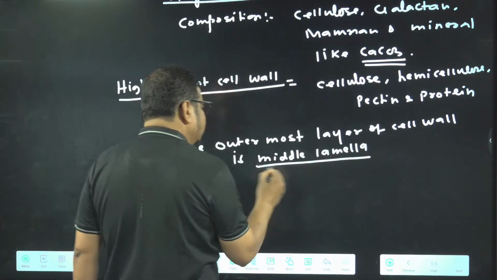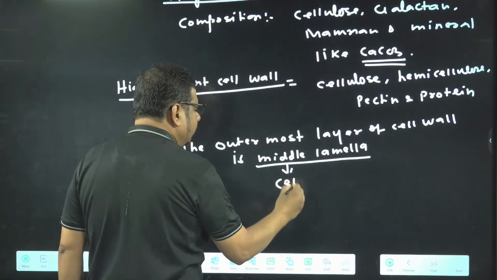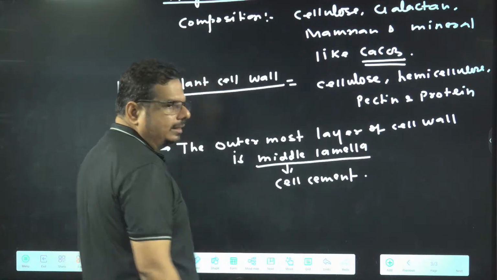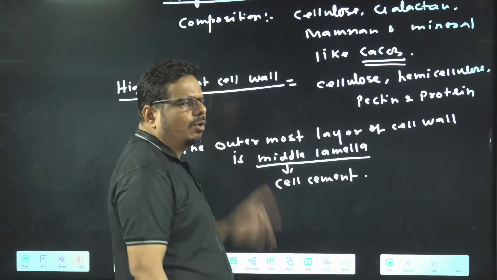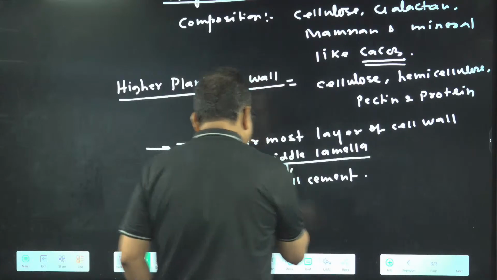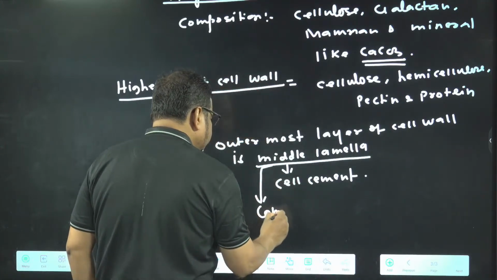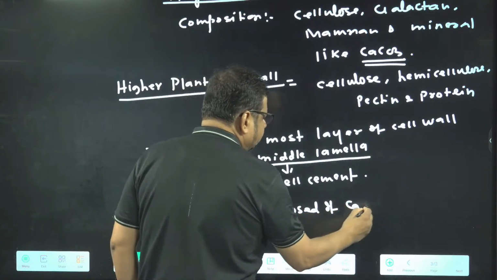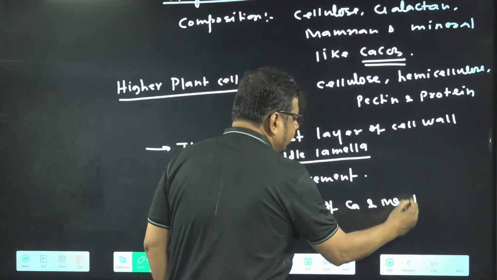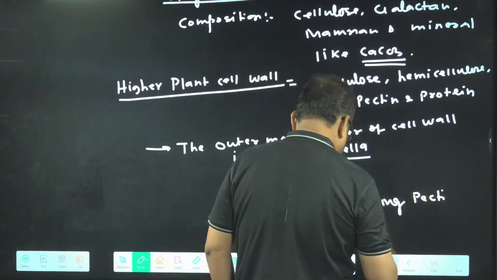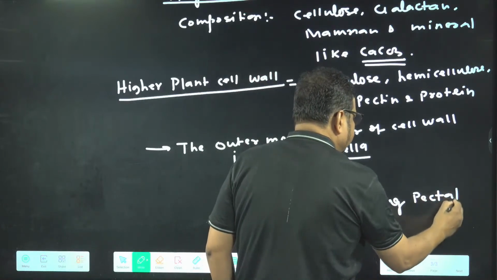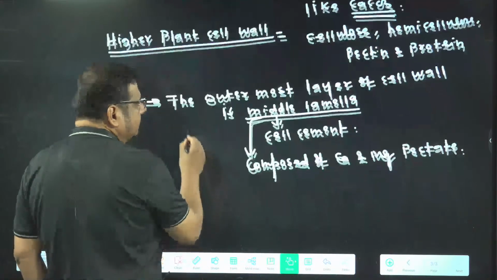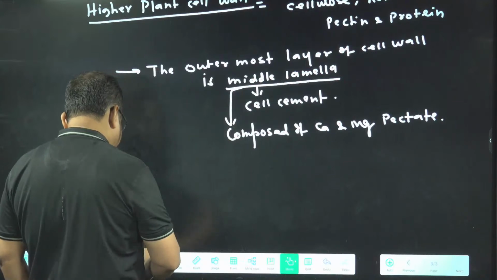Why is the middle lamella also called cell cement? It is a cementing material between two cells. Means for two cells there is a common middle lamella, and the middle lamella is composed of calcium and magnesium pectate. Who is present in the middle lamella? Calcium and magnesium pectate is there.